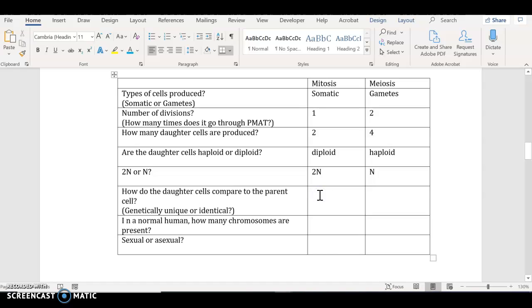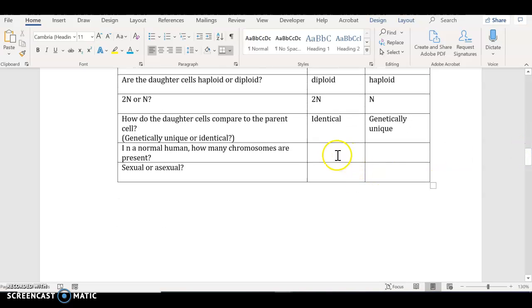When you're making body cells, these are going to be identical to the parent cells. If you're replacing your skin, you want it to be the same. Whereas your sex cells are genetically unique. That's why brothers and sisters look so different, because you can mix your DNA up and get a lot of variety there.